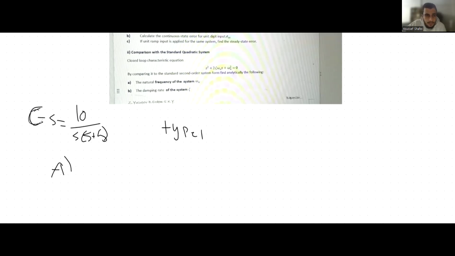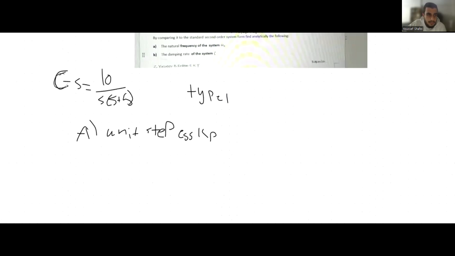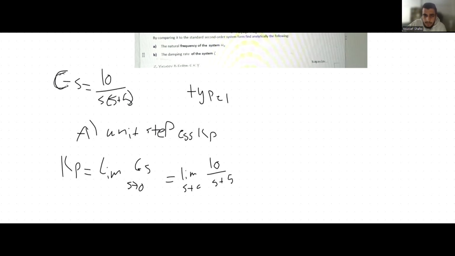Okay, for the unit step, the Kp can be equal to the limit as s tends to 0 of G(s), equal to limit s tends to 0 of 10 over s multiply s plus 5, equal to infinity.